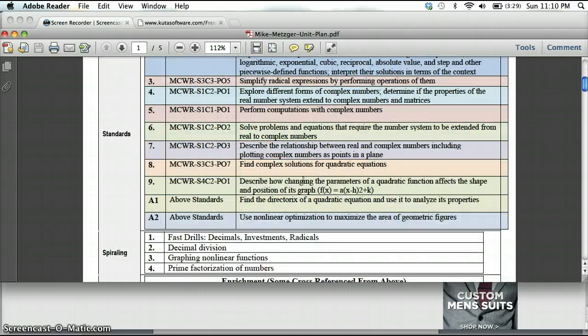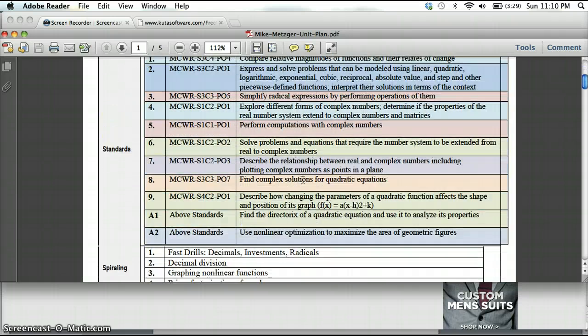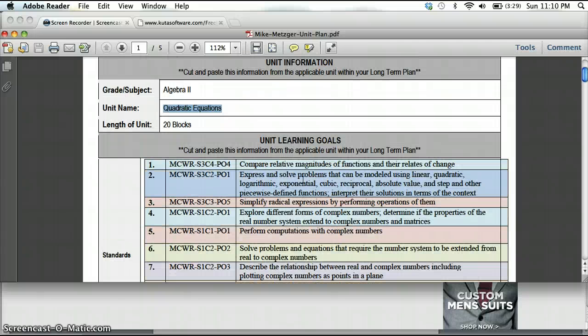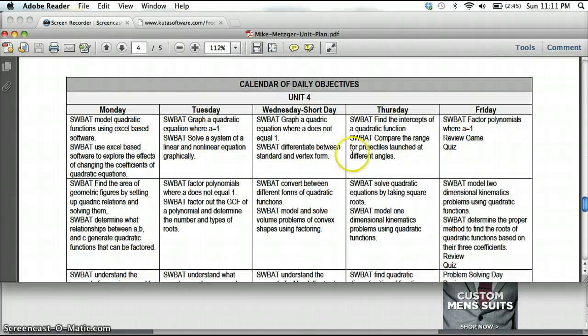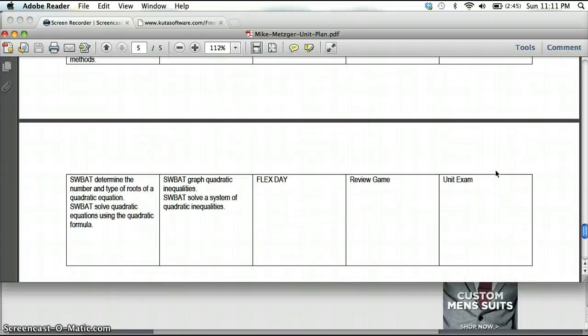He broke it down into 9 learning goals, and he looks at the length of time it's going to take. He says it's 20 blocks, which is a month. So notice that he broke the quadratic equation into 20 days, or an exact month.